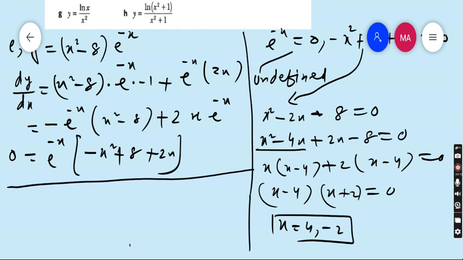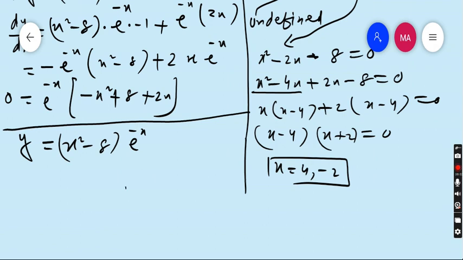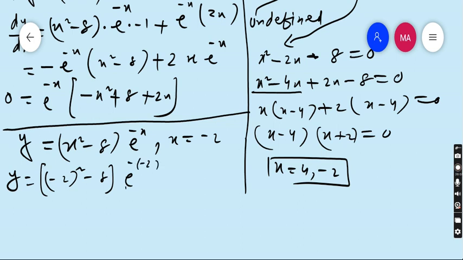Now find the value of y. Write the question again. y is equal to x square minus 8 e power minus x. Put the values one by one. First put x equals minus 2. So y is equal to (minus 2) square minus 8 times e power minus (minus 2).